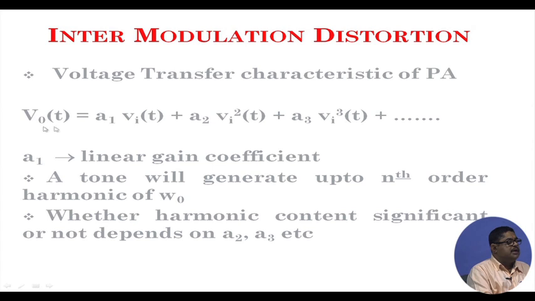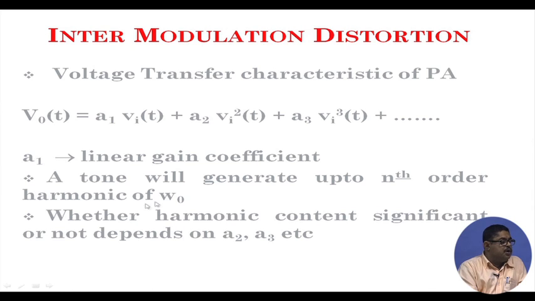That is why at that time we assumed it is always linear, but in large signal cases we cannot neglect all of these. A1 is called the linear gain coefficient, because if V0(t) is equal to A1 Vi(t), then this is a linear thing.